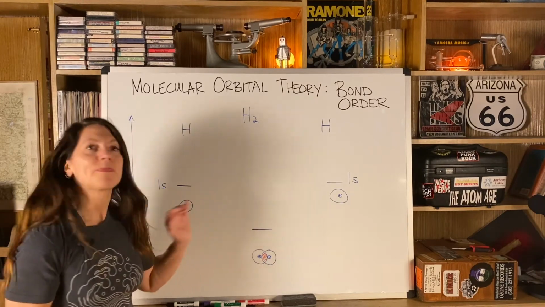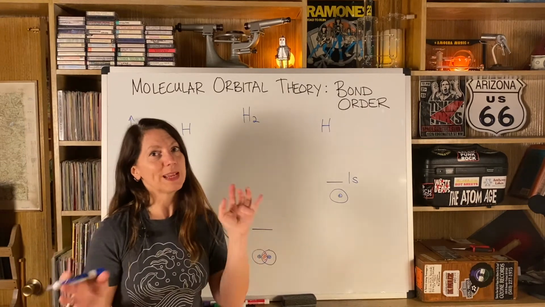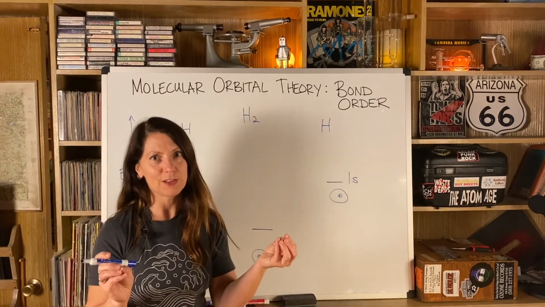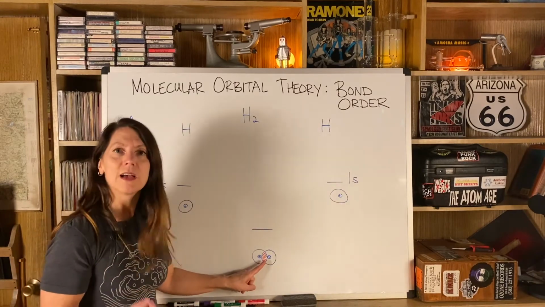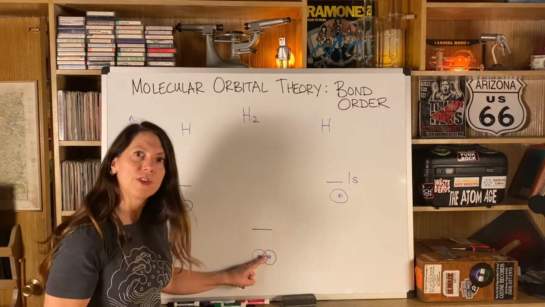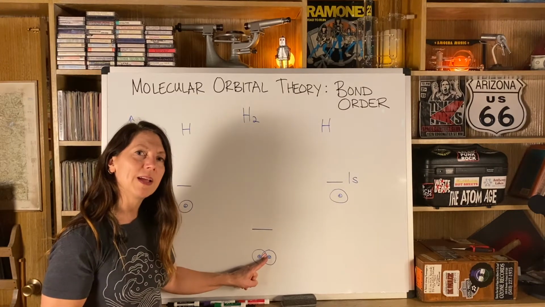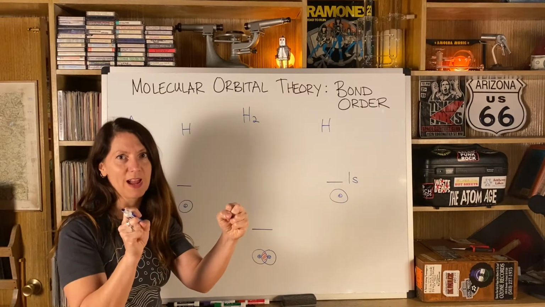Lower in energy. Now, what do we call this? It's always nice to have labels so we can keep track of things. What do we call this molecular orbital? All right, well, the name of this molecular orbital comes from the fact that we are really considering what's happening directly between the two nuclei.